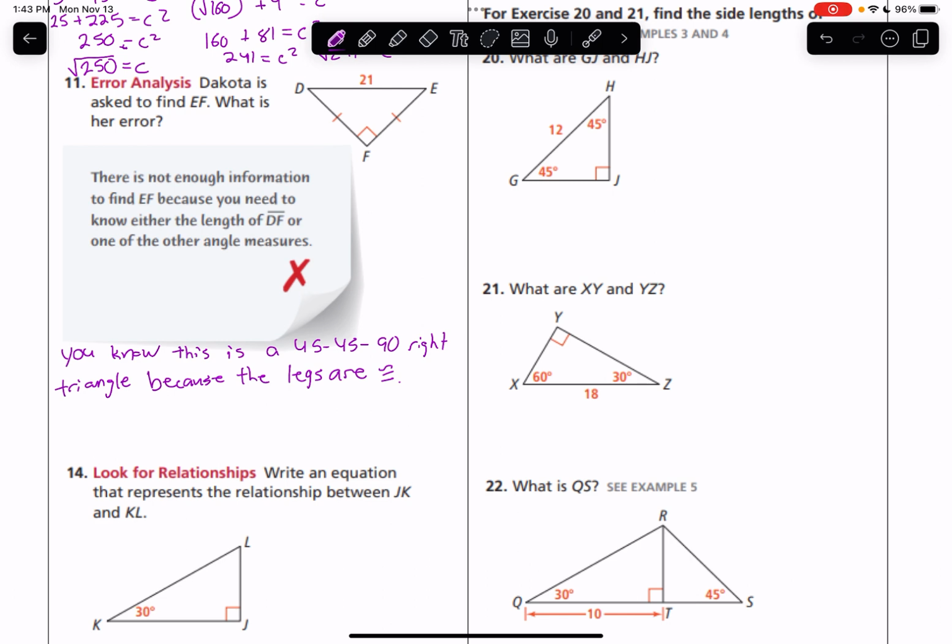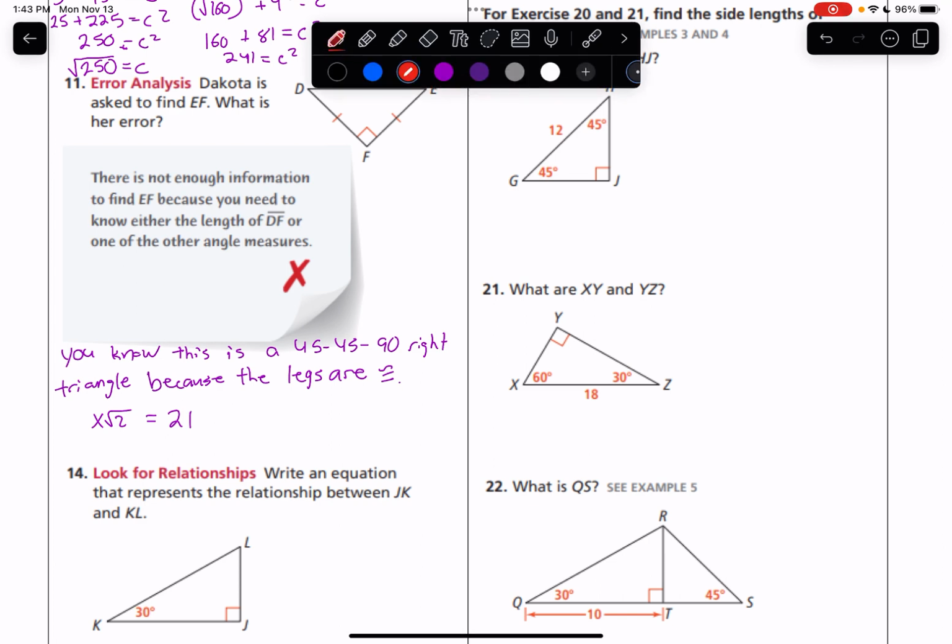We can say that x root 2 equals 21. And then we can find that that side DF or EF is going to be this divided by the square root of 2. So that means that 21 over root 2 equals x, which is somewhere around 14.85.